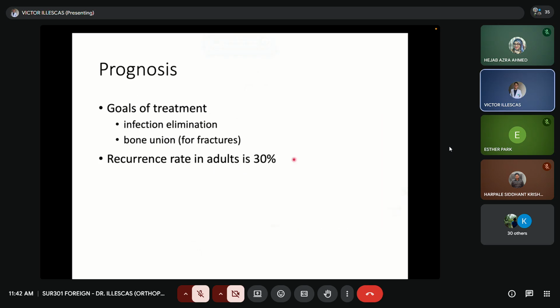Okay? The goal of the treatment is to eliminate the infection as well as provide bony union. But take note that the recurrence rate in adults, even up to this day, is around 30%. So you need to inform the patient that the patient may need to undergo multiple surgeries to completely eliminate the infection.